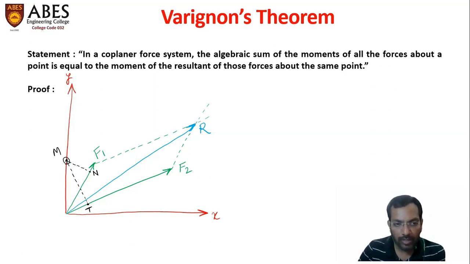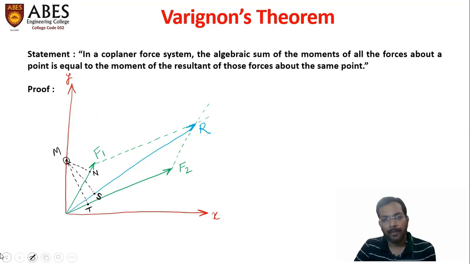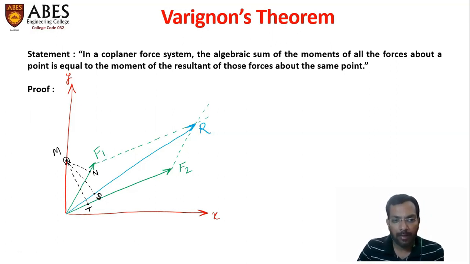And let's draw the last perpendicular on the line of action of the resultant of these two forces, that is on R. Let us suppose this point is S. So the perpendiculars meet at these points N, T, and S on the forces F1, F2, and R respectively.